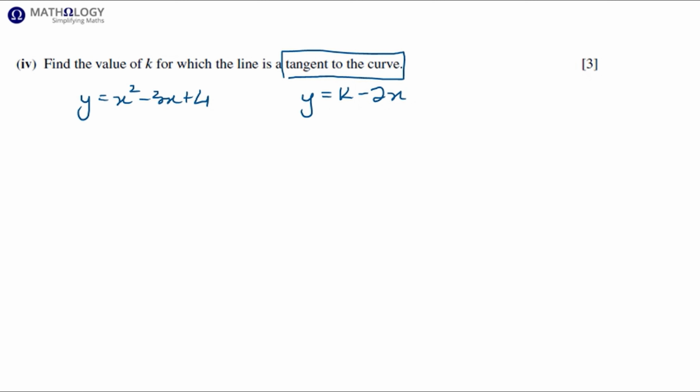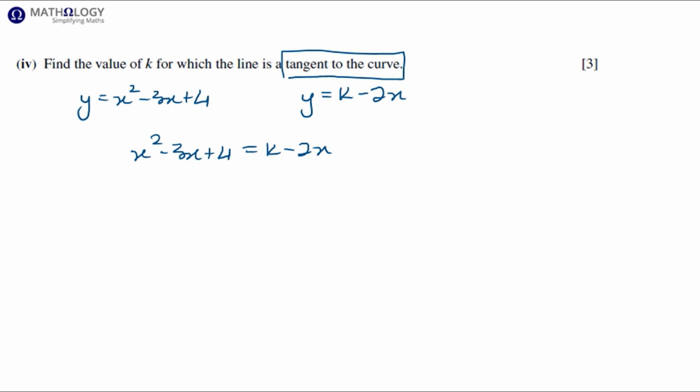There's only one point of intersection between the tangent and the curve. For points of intersection, we always equate two functions equal to each other, right? So x squared minus 3x plus 4 equals k minus 2x.